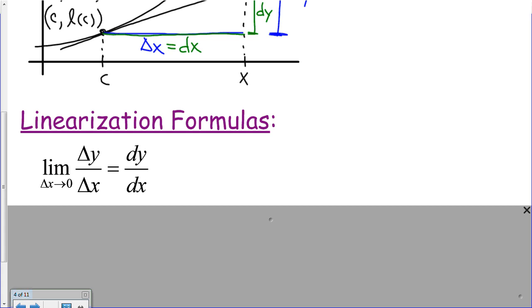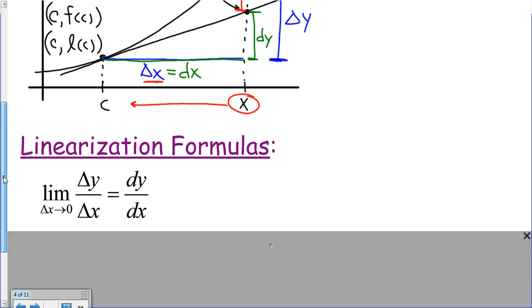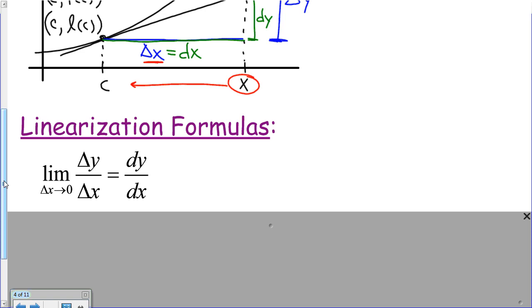If I take the limit as delta x goes to 0, that forces x to get closer and closer to c. When that happens, the limit as delta x goes to 0 of delta y over delta x is a limit of a difference quotient. And we learned that the limit of a difference quotient is just another way to describe a derivative. So that's equal to dy over dx, which is a derivative.